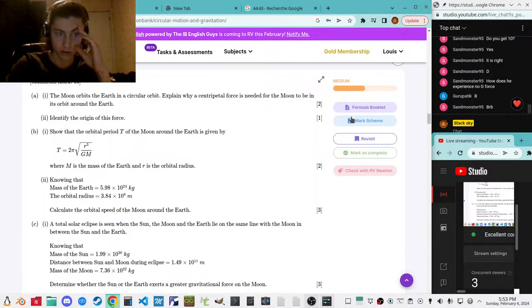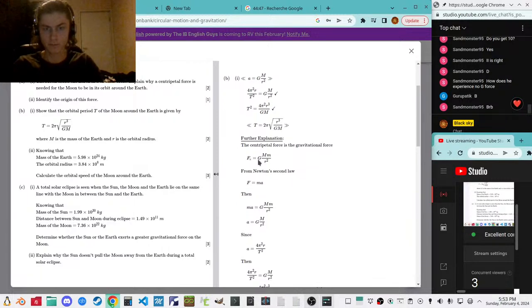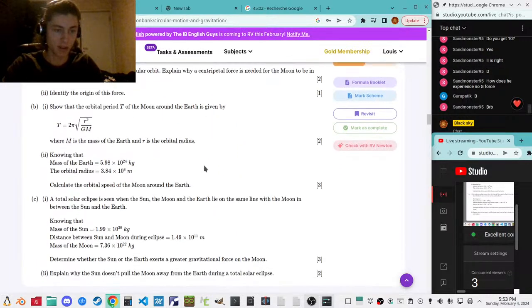Right, let's see the derivation. Yep, T squared. Yeah, I took a long way. Somehow I took another 2 equations which weren't needed.